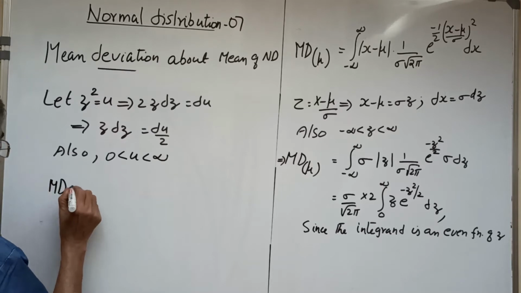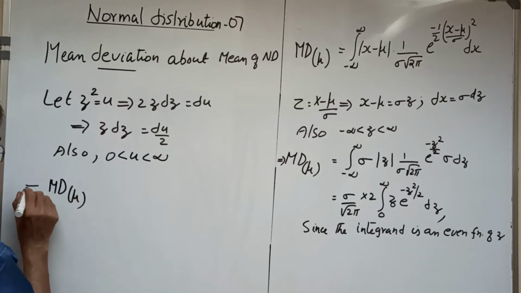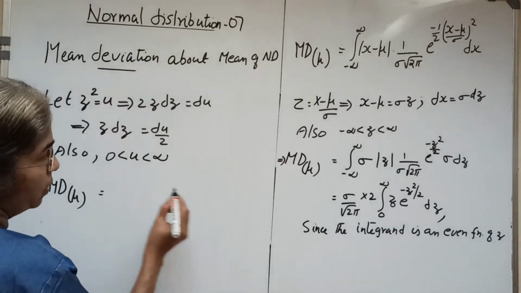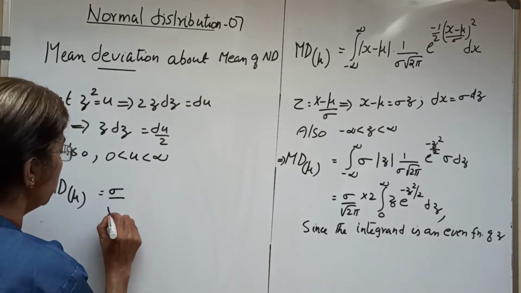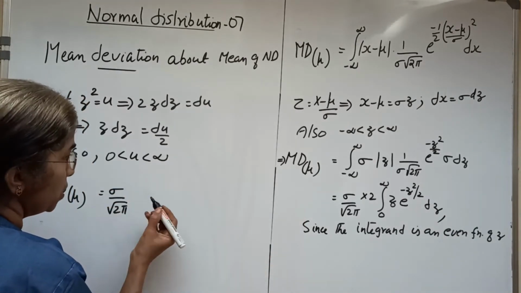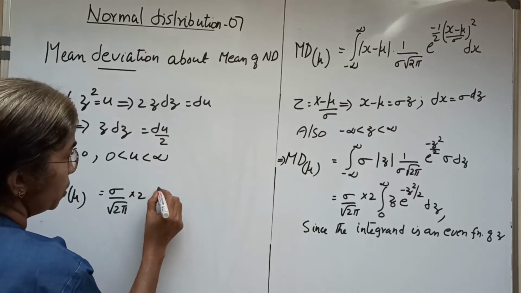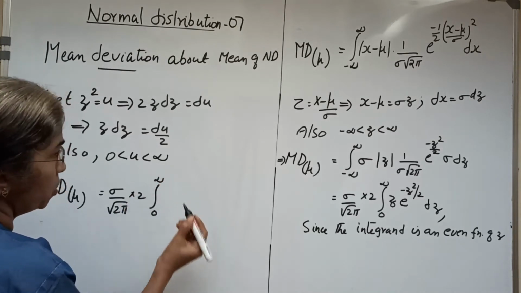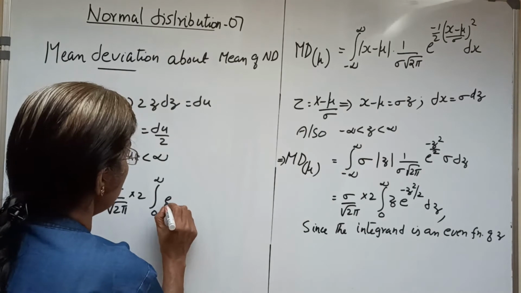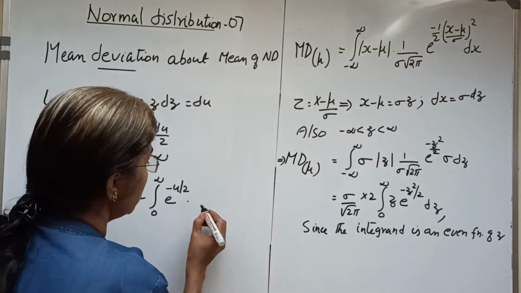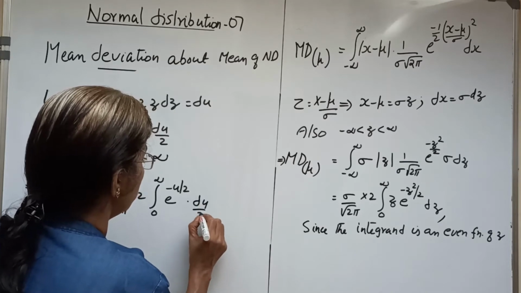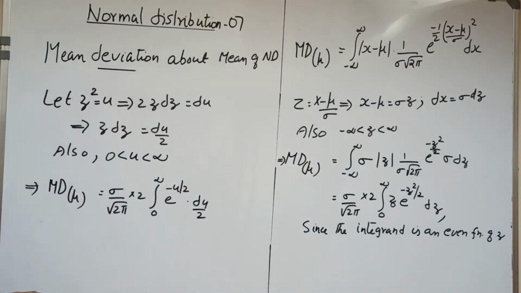That is mean deviation about mean as sigma by root of 2 pi into 2 into integral 0 to infinity e raised to minus u by 2 into z dz, which is du by 2, into du by 2.